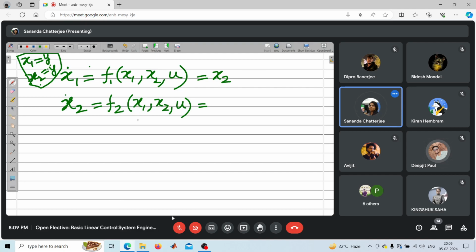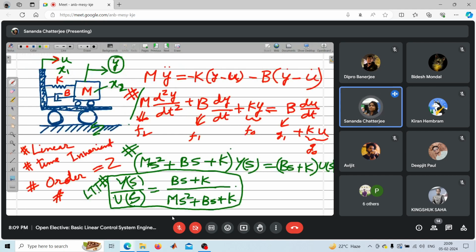What is x1? x1 means y. We want to write y double dot; x2 dot means y double dot, and x2 is actually y dot. So x2 dot is actually y double dot. We want to write y double dot in terms of the states, that is y, y dot and u. From this equation we can write that.